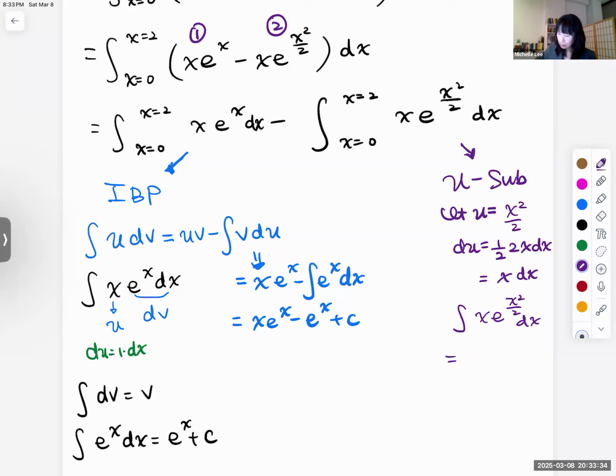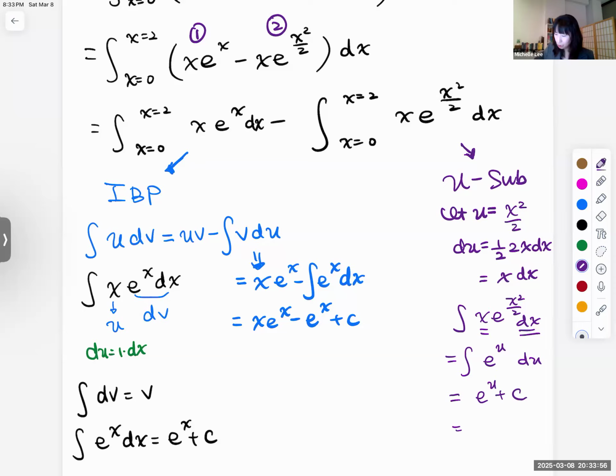I did not put the dx on. All right. Then we can express x dx as du, right? And e to the x squared over 2 will be just u, right? The integral of e to the u du is e to the u plus c, right?